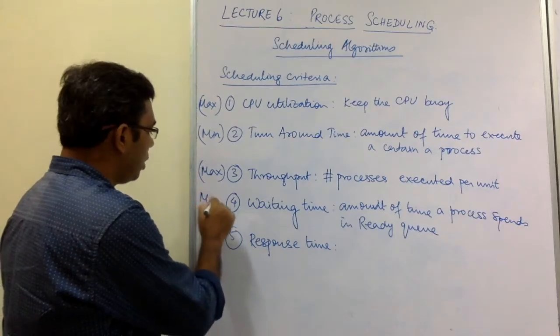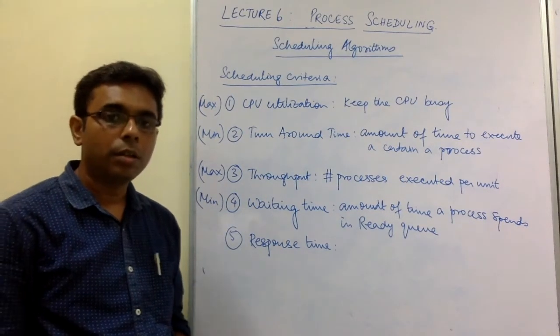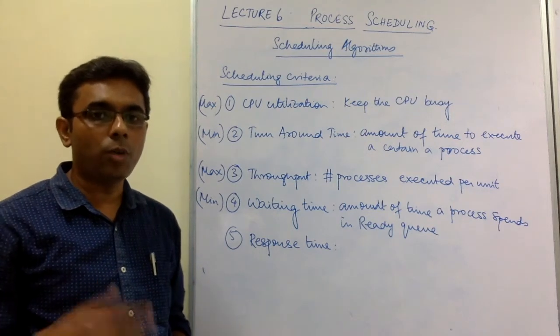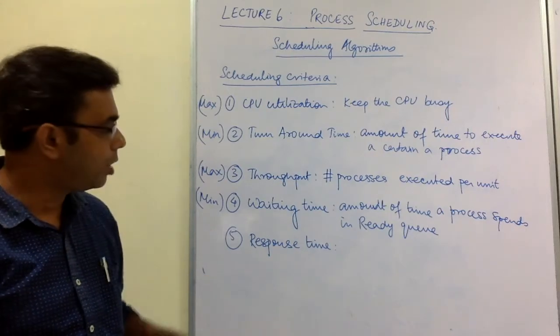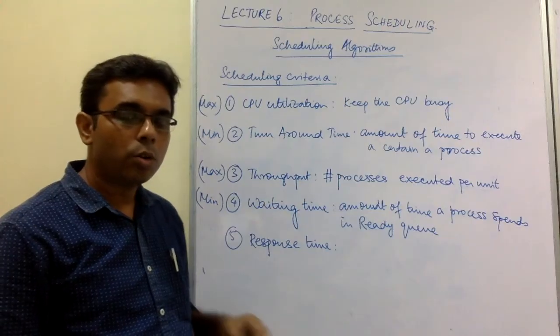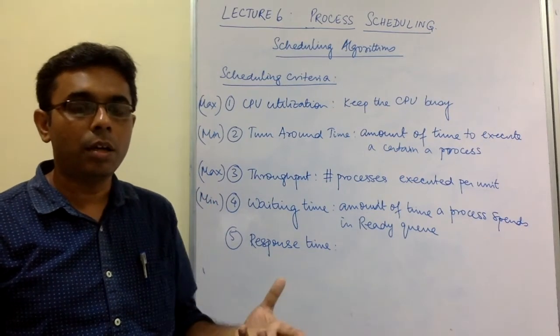Because if you want a particular process to execute, you want it to be executed by the CPU. You don't want a process to keep quiet and remain in the ready queue. So the focus of any scheduling algorithm should be to run a process. You don't want the process to stay in the ready queue.